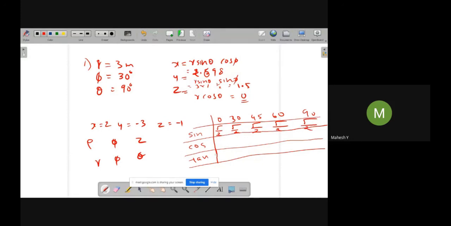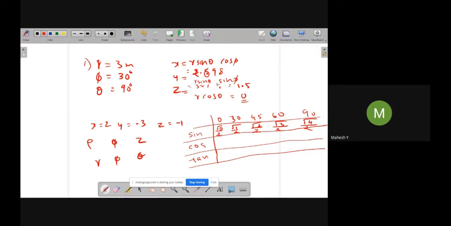Okay, if you can check this screen, this I have told, I guess. Once again repeating, if you want the values of sine, cos, tan for some standard angles like 0, 30, 45, 60, 90, you can use this method to remember the value. For sine, the value will be root of something by 2. That something starts from 0, 1, 2, 3, 4.